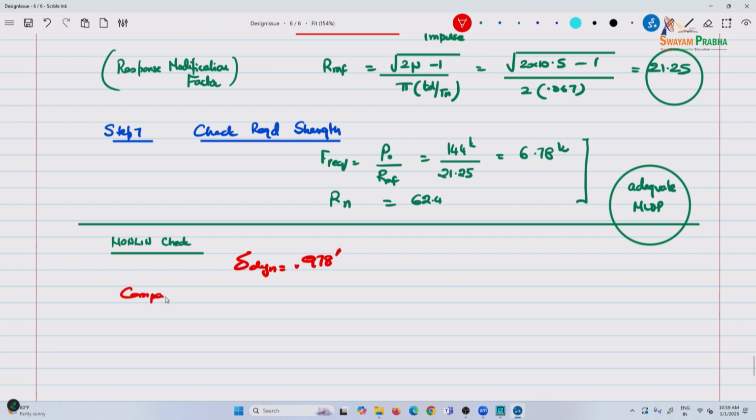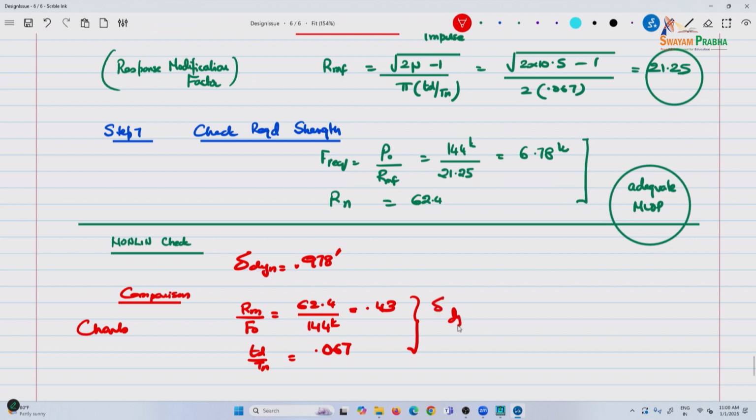As a comparison, I've done Rm by F naught, which is 62.4 divided by 144 kips, which is 0.43. This is charts. And Td by Tn is 0.067. So from here I get delta dynamic by delta static is 0.8.